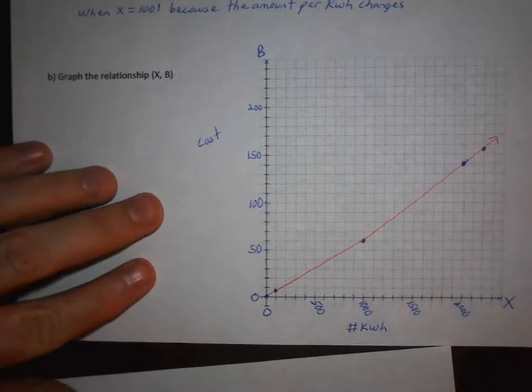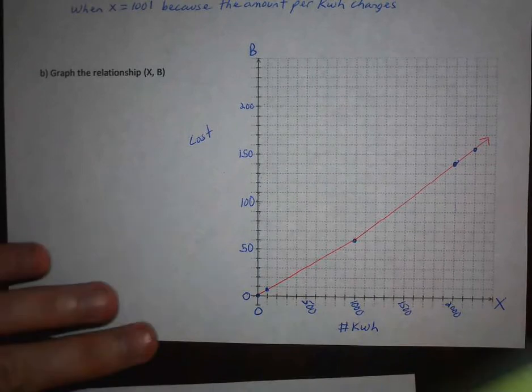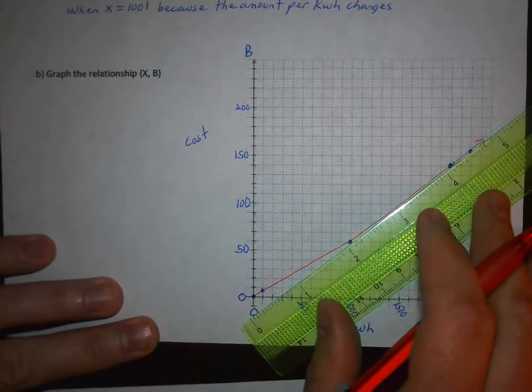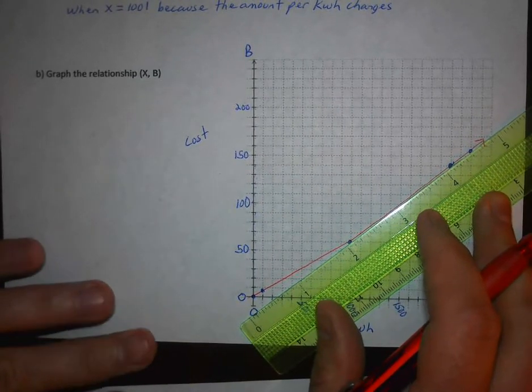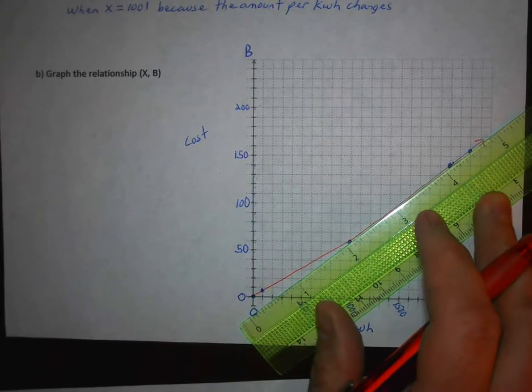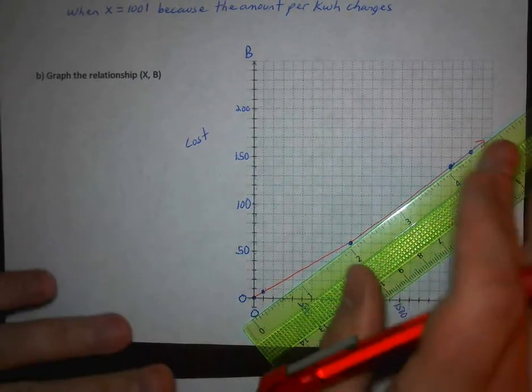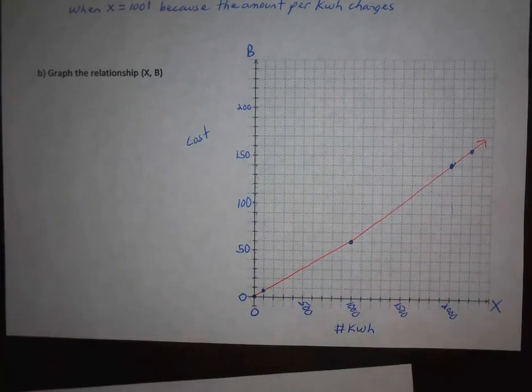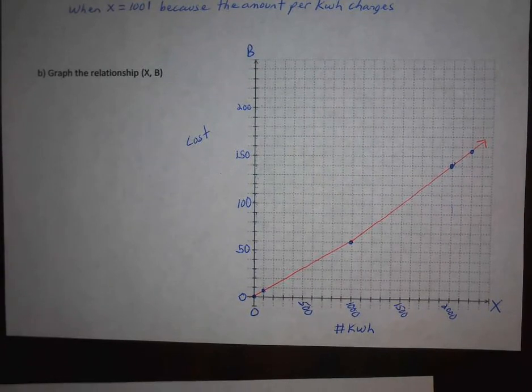Now it kind of looks like a line there, but we know that if I do place the ruler down, it's not quite a line, because the rate of change went from 6 cents per kilowatt hour to 8 cents per kilowatt hour.